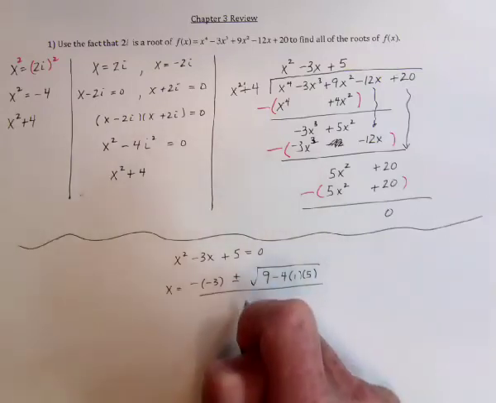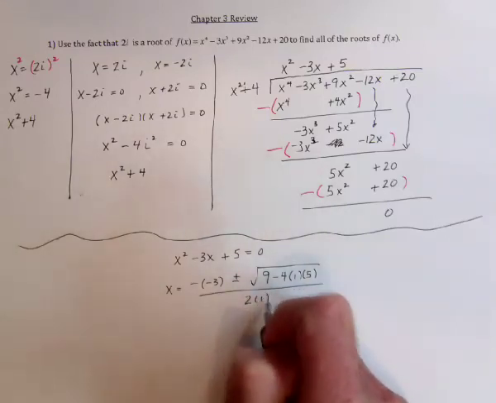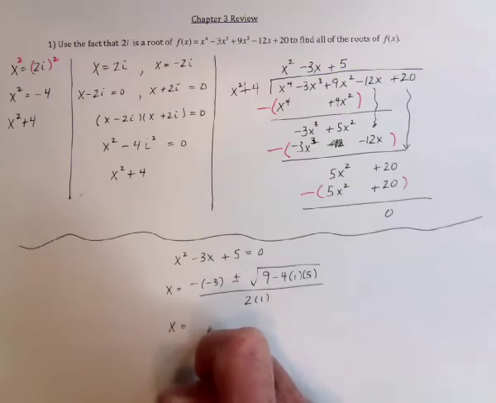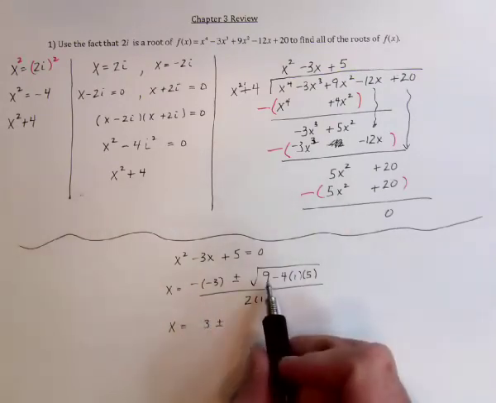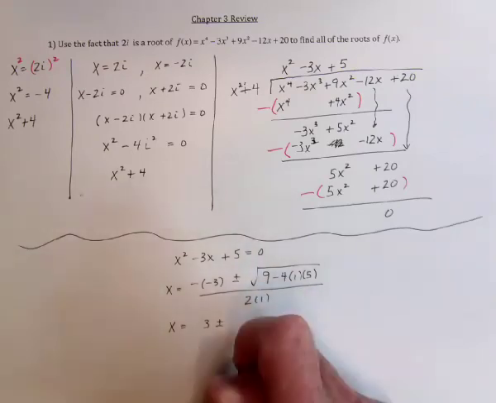And then it's all divided by 2 times a. So it's going to be 3 plus or minus, and then in here we've got 9 minus 20, which is negative 11.